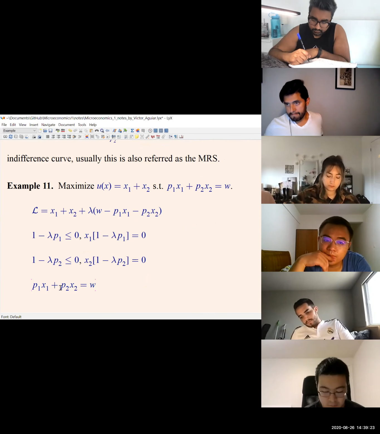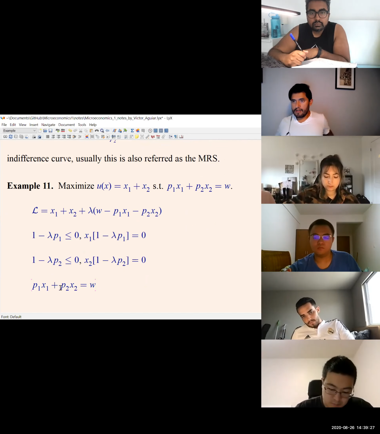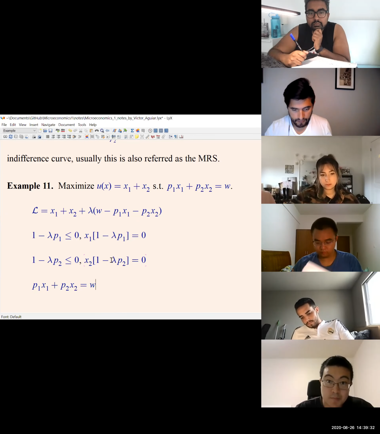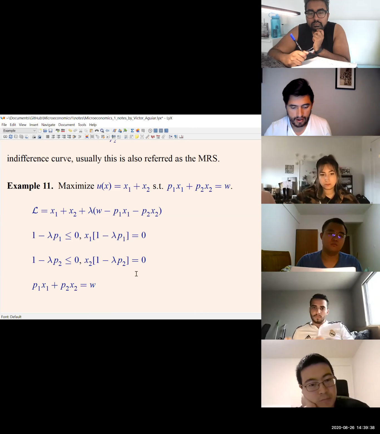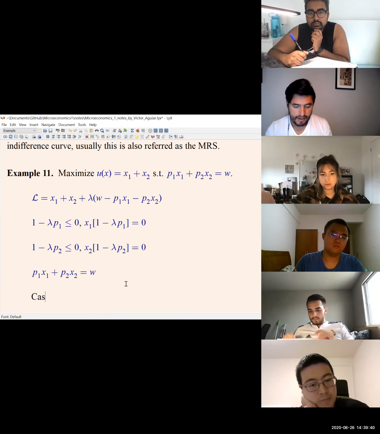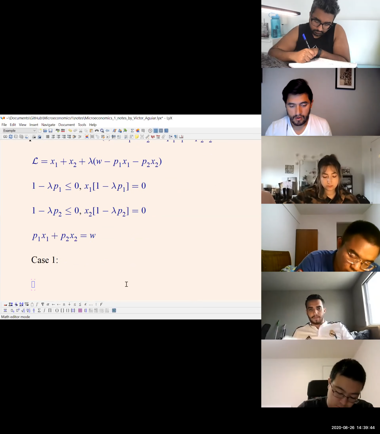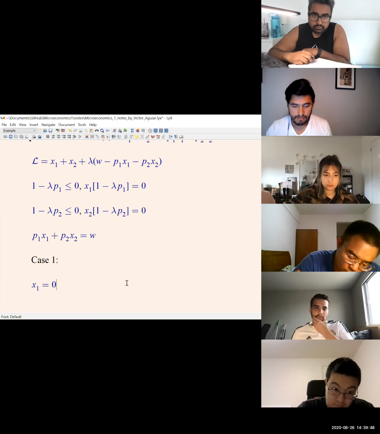Now how do I solve it? I have to check these bracket conditions. I have here my p1, p2, and the problem is completely linear. So how many cases do I have? I have case 1. I'm going to check what happens, for instance, if x1 is equal to 0.